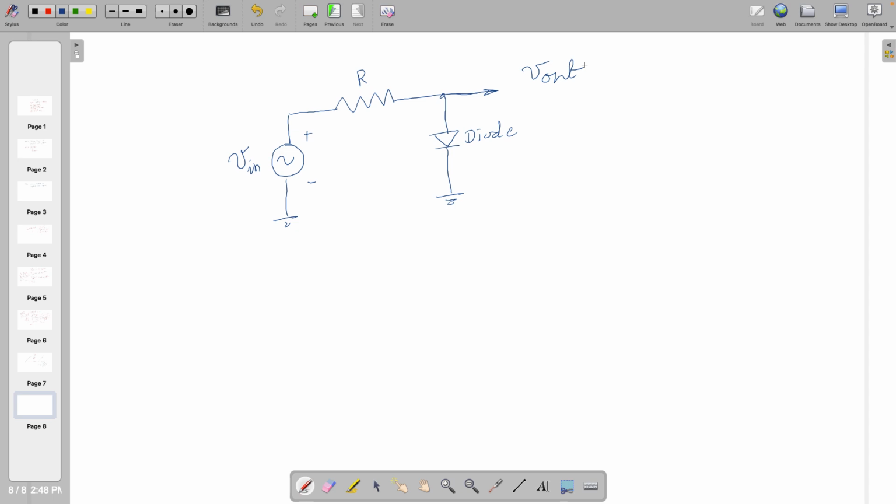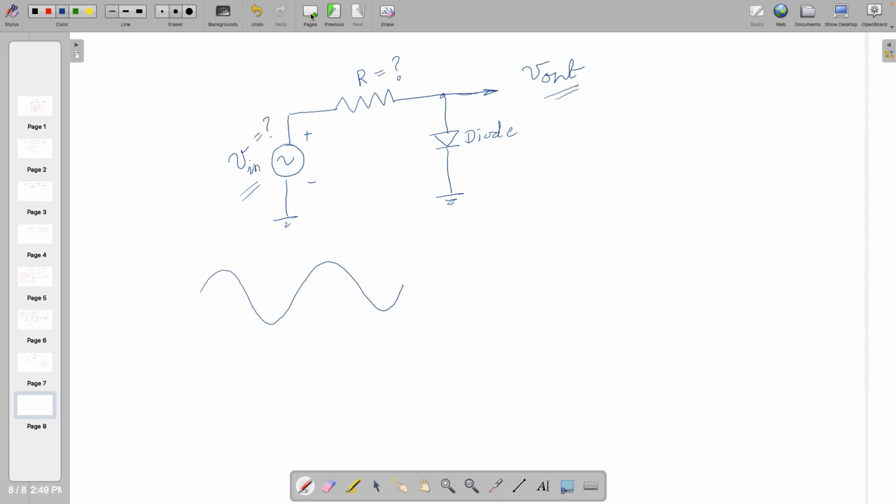Both the quantities are AC, meaning a frequency component is there. I'm applying a sine wave, and I'm expecting some distorted output to come because of this resistance and diode. Through their characteristic, you can find its answer. Maybe at the end I'll tell you the answer, but before that we are going to simulate it. Here the following things are needed when you are simulating: what are the values of these components?